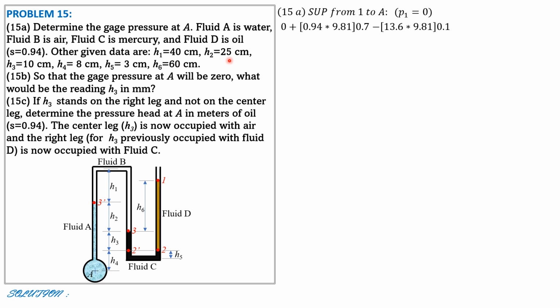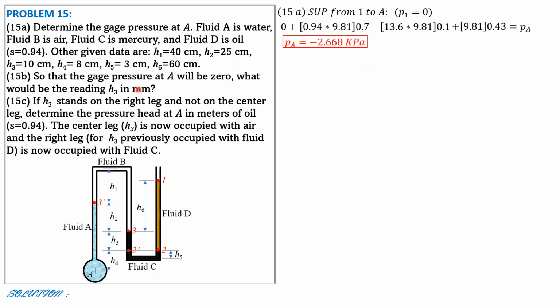H2 is 25 cm, H3 is 10 cm, so 35 cm. H4 is 8 cm, so 43 cm or 0.43 meter. So plus 9.81 times 0.43 meter equals pressure at A. Using your calculator, we can now compute pressure at A, and it is equal to negative 2.668 kilopascals. So that's the answer to part A.